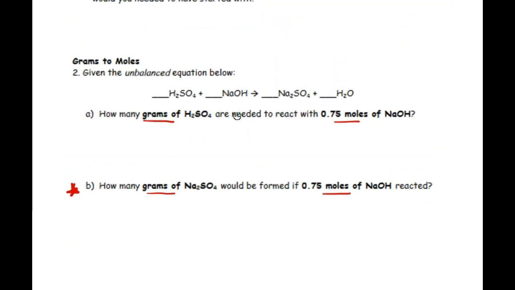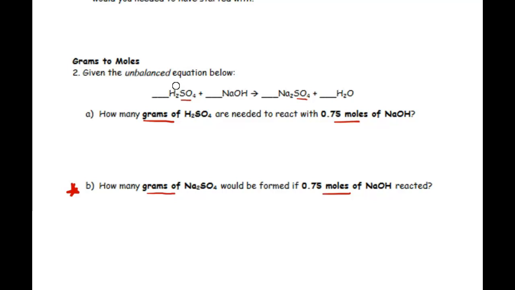So, given the unbalanced equation below, how many grams of H2SO4 are needed to react with 0.75 moles of NaOH? So, first thing we've got to do here is balance this equation. If you take a look at this, we know that SO4 is a polyatomic ion. If you didn't know that, you can still balance it.